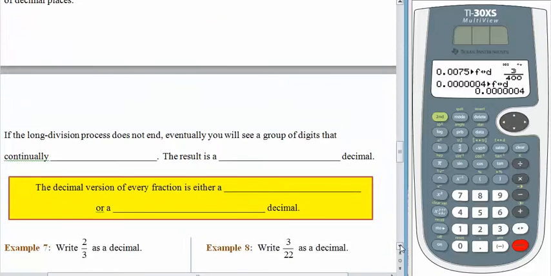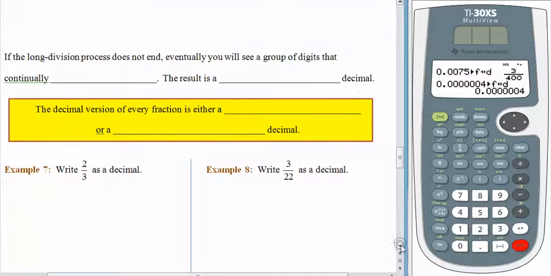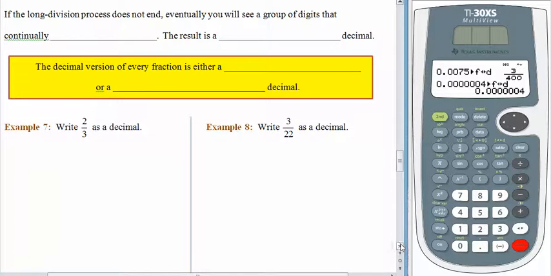Okay, so the one problem that we may run into is that there's nothing that says the long division process has to end, ever. The nice thing about this is if you eventually see a group of digits that continually repeats, we can deal with it.